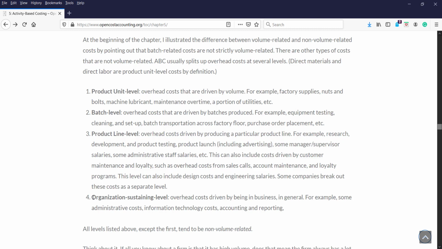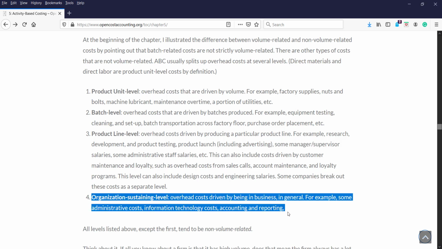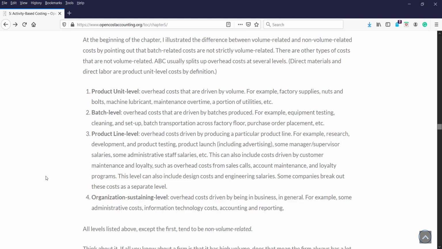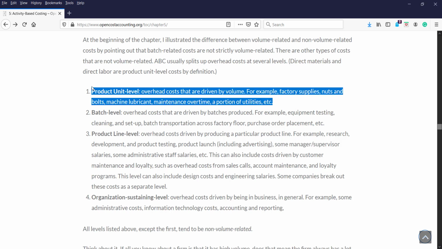And then you also have some organization sustaining level costs that may or may not be able to be put into some sort of a driver. So the idea is you have these different strata of costs, and ABC allows you to get into these different strata, whereas typical traditional job order costing and process costing doesn't really do that. We stick at the product unit level, some sort of a driver that is either driven by volume or is volume itself in the case of process costing.